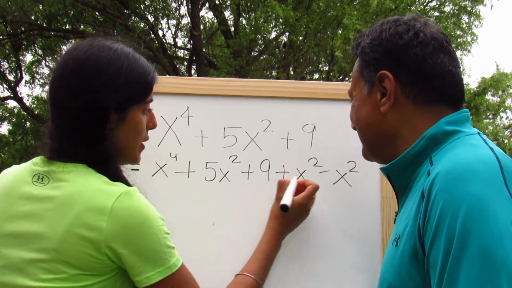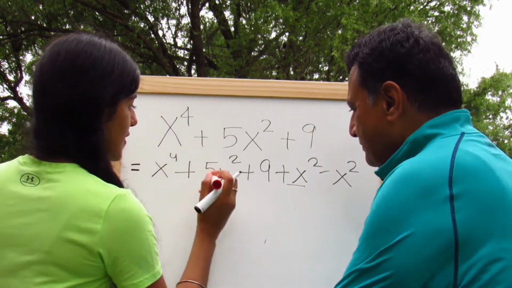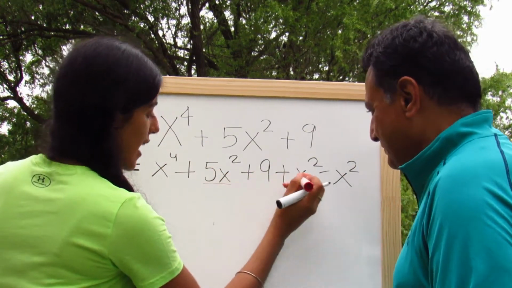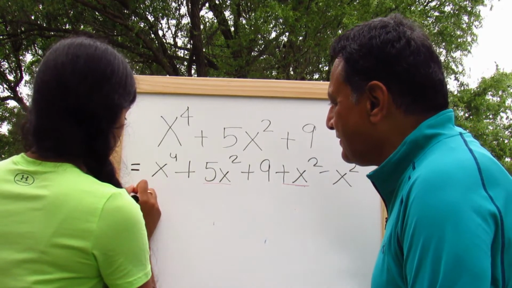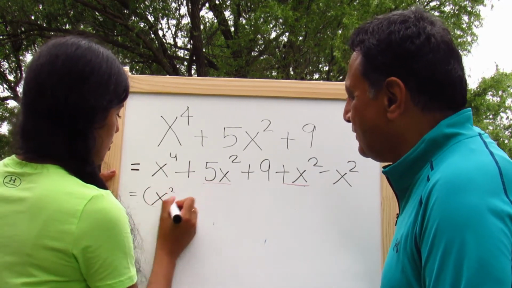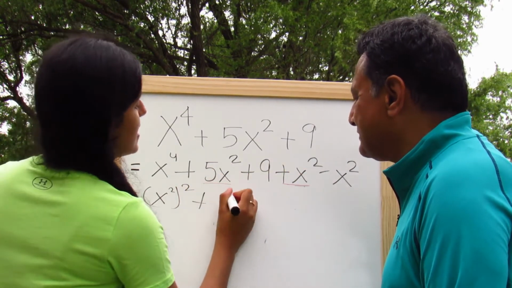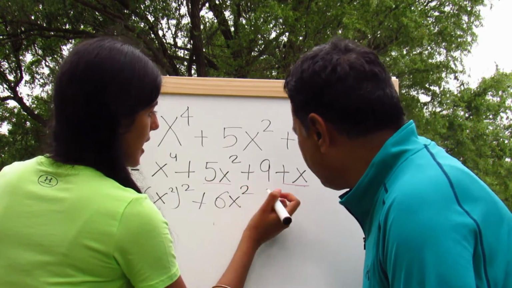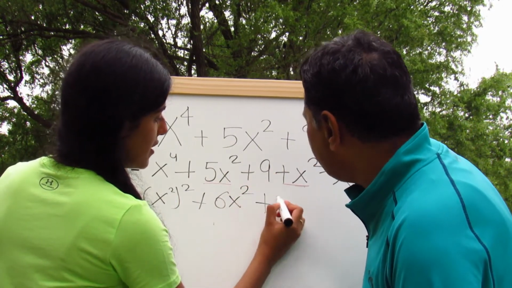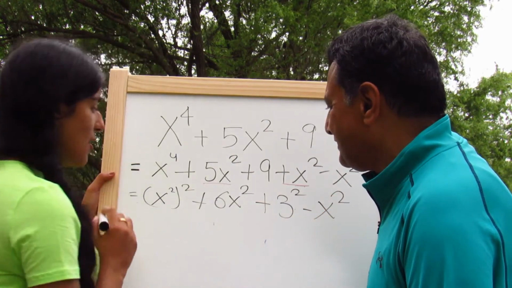When you add these, another way to write this is x squared whole squared plus 5x squared plus 1x squared, 6x squared, plus 3 squared, minus x squared.